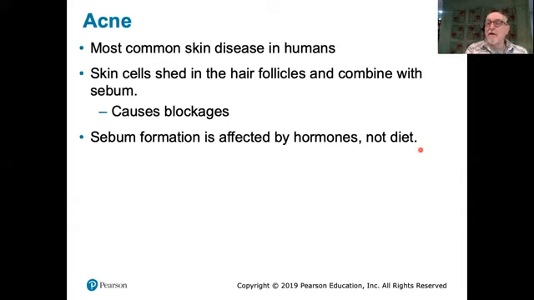And then you can begin to get an inflammation of the hair follicle. And perhaps if you have trapped some bacteria in there, bacteria can begin to breed, and it produces a pustule, which is visible as a pimple.